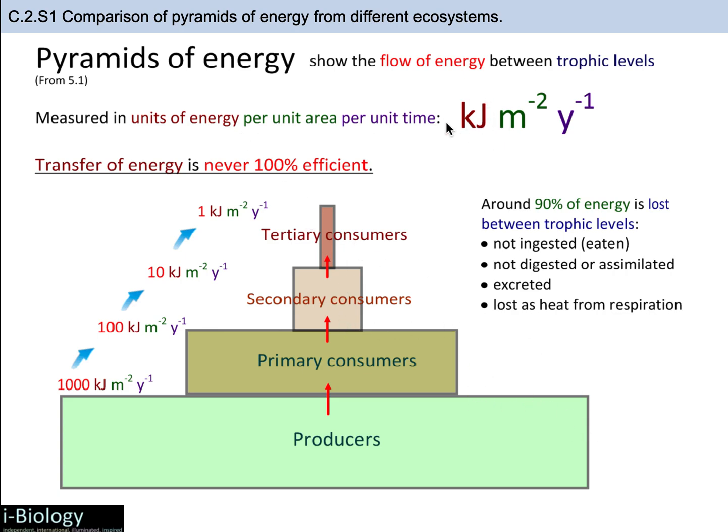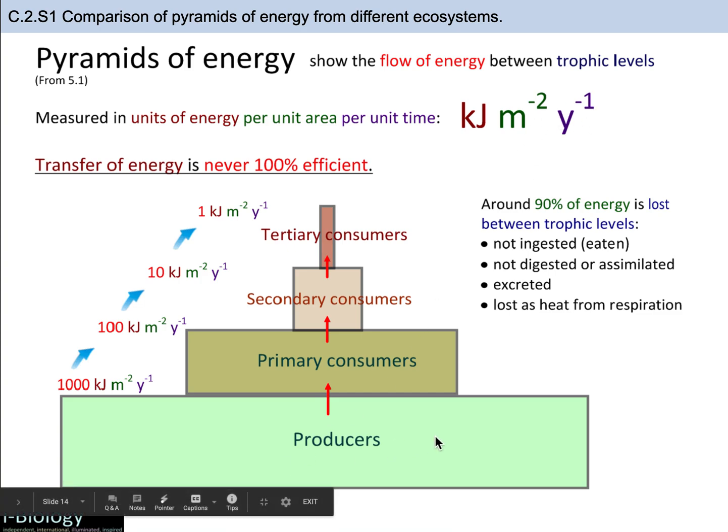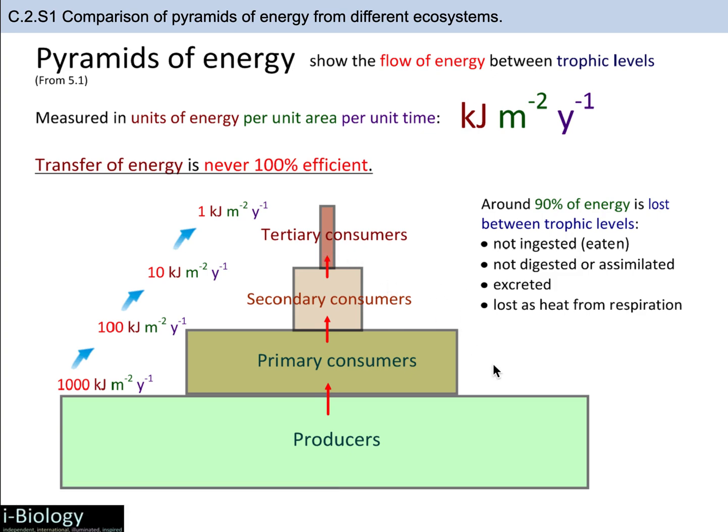And remember that it's always in kilojoules for energy, so units of energy per unit area of land per unit time: kilojoules per meter squared per year. Remember that only 10% moves on because 90% of the energy is usually lost because of things not ingested, not digested, excreted, or lost as heat.